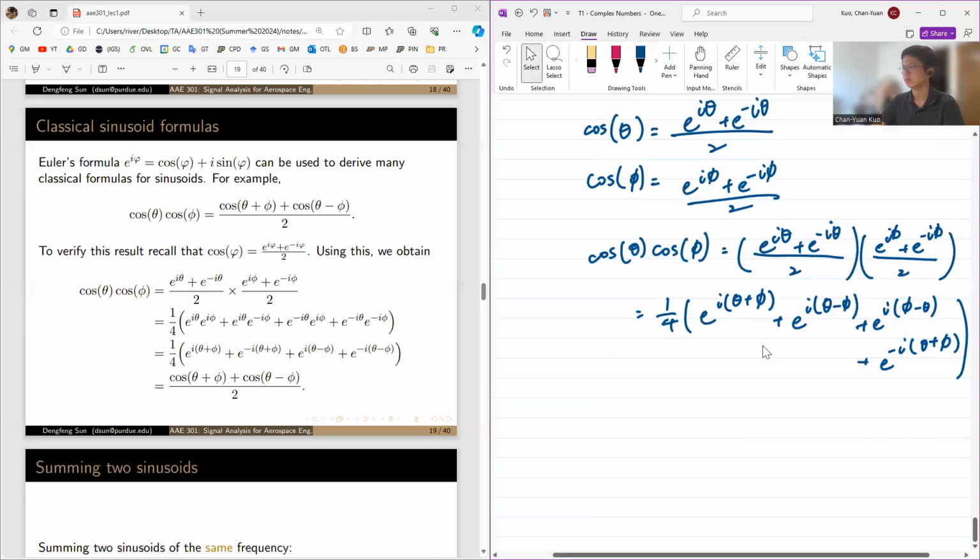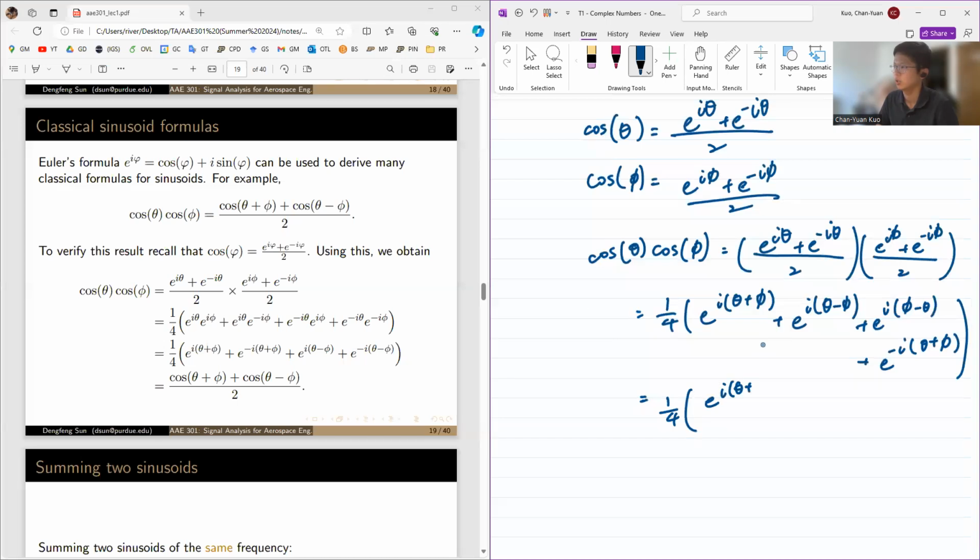And we can collect them again. We can rearrange them, and in the end, we will see that this will be 1 over 4 times e to the i theta plus phi, plus e to the negative i theta plus phi, plus e to the i theta minus phi, plus e to the negative i theta minus phi.